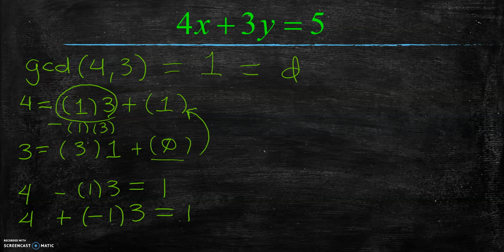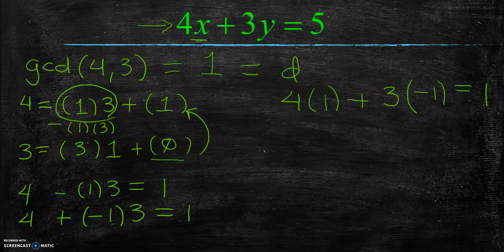And I want it to look even more like our original equation, so let's move some numbers. We know that 4 is going to be times something, and in this case it's just 1, plus 3 times the negative 1 is equal to 1.